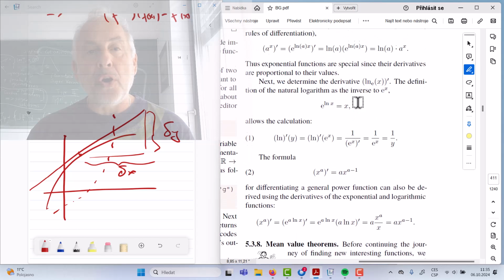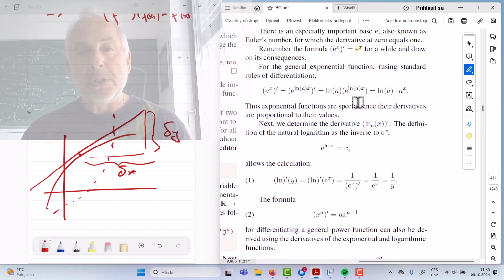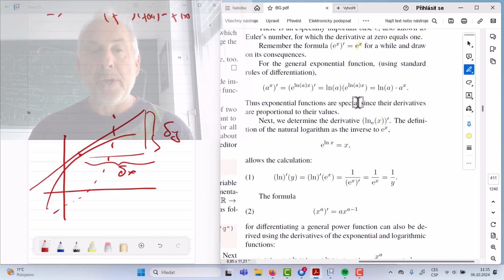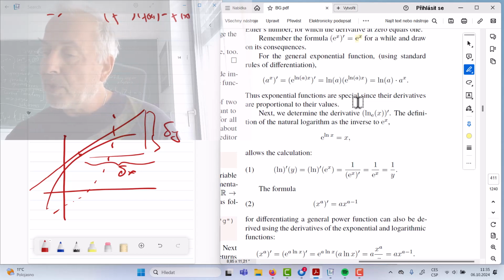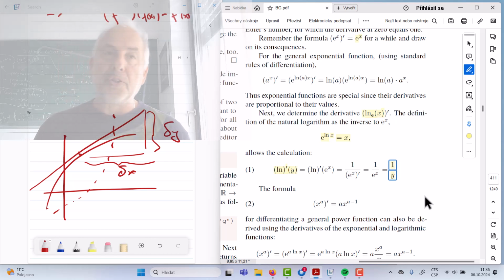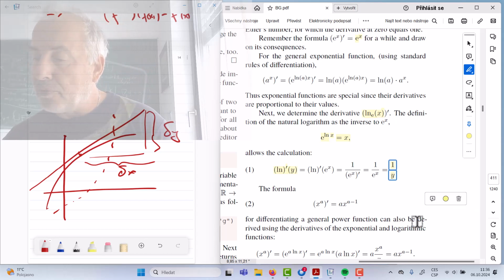And of course, once we know that the derivative of the exponential functions would exist, then we can also determine how to differentiate the logarithmic functions, because we just know how it is. So you see that just by the very definition, and the computation by means of the theorem we just discussed shows that it will be exactly this nice formula. So the derivative of the logarithm is 1 over the value, so it's the reciprocal value of the argument.